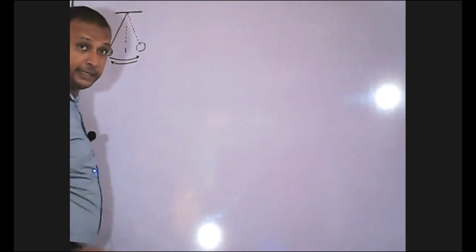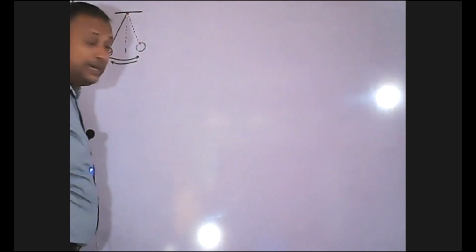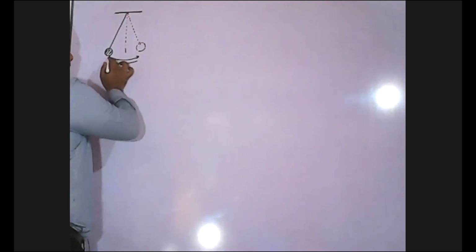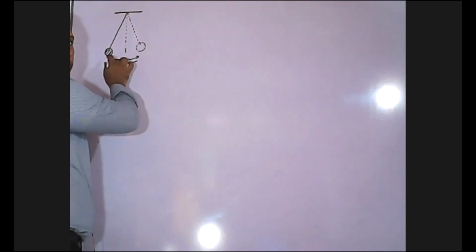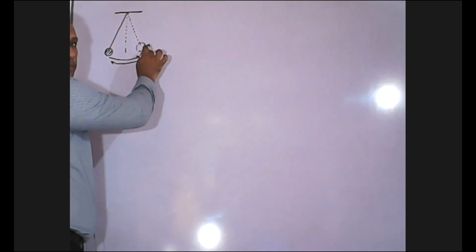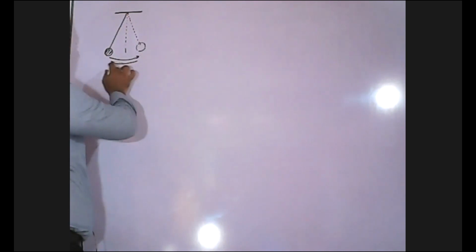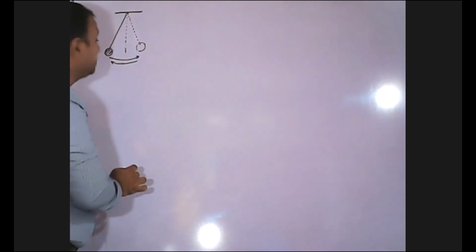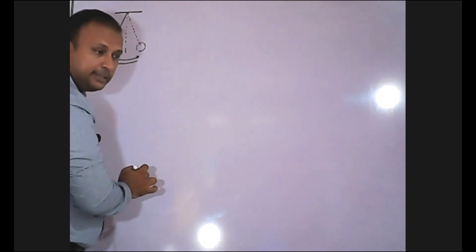So the period of oscillation is the time for one rotation. One rotation means you start from here, go to here, and return to the original position. So the time taken for that rotation is called the period.